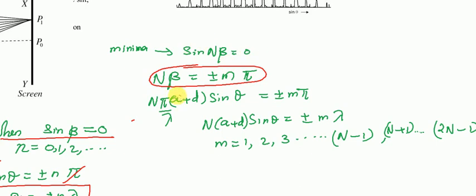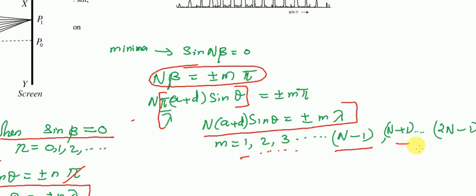That is it. N beta must be equal to plus or minus m pi. But what is beta? Beta is pi by lambda times (a plus d) sin theta. Simplifying, you will get n times (a plus d) sin theta equal to plus or minus m lambda, where m is 1, 2, 3, etc.